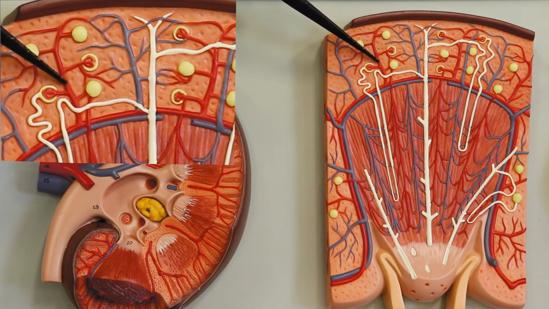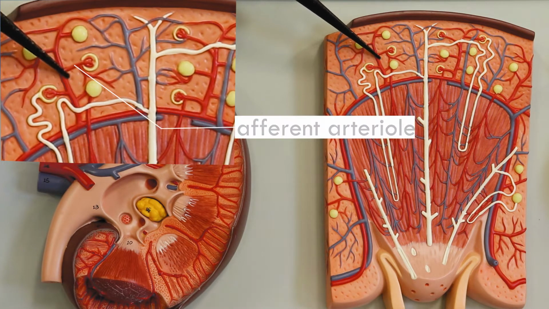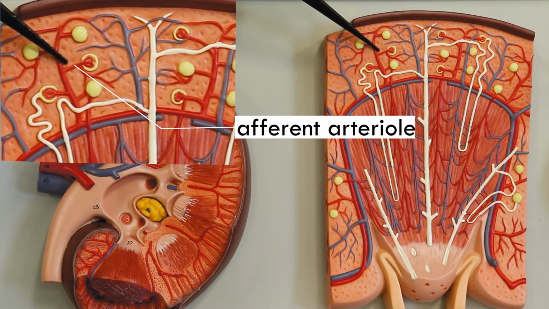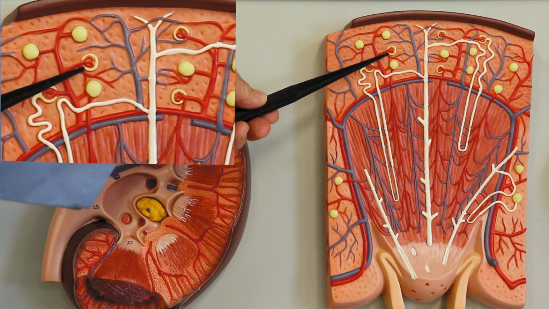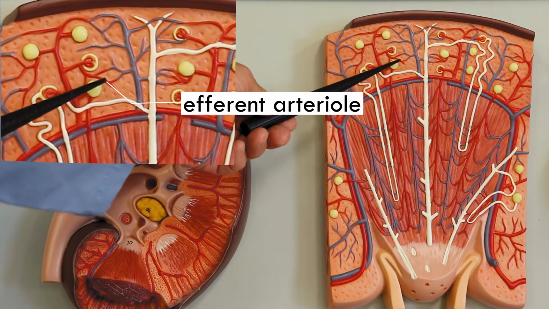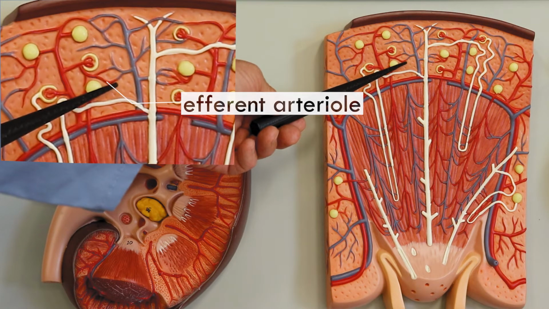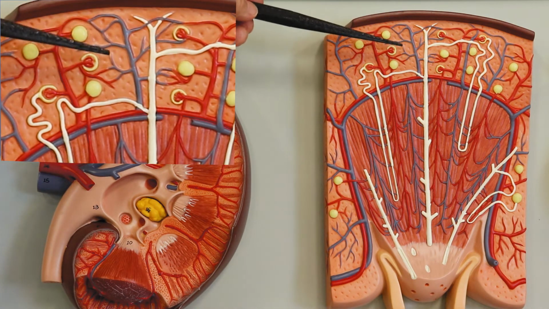Okay, so the artery that goes from the interlobular or cortical radiate artery to the glomerulus is called the afferent arteriole. And there is an artery that moves away from the glomerulus, so it is referred to as the efferent arteriole. So that's the arterial system of the kidneys.